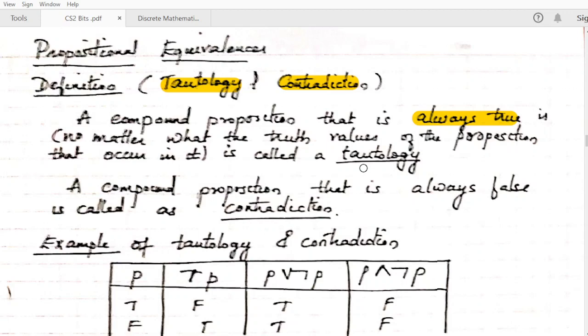We have so far learned about compound propositions: we can connect two propositions by using AND, OR or XOR. By using these operations, we can create compound propositions. If the compound proposition has all values true, it is called a tautology, and a compound proposition that is always false is called a contradiction.